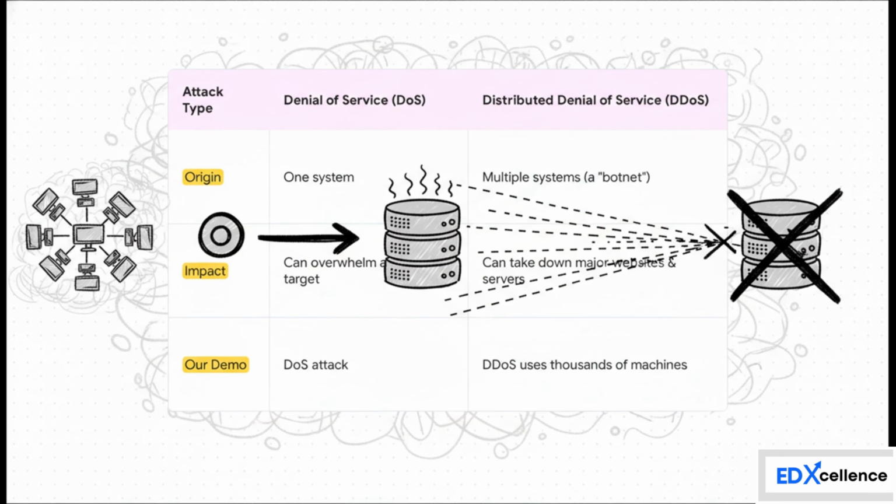But the big, scary attacks you hear about on the news, the ones that take down banks or gaming networks, those are distributed denial of service attacks, DDoS. Instead of one computer, imagine a hacker controlling an army of thousands or even millions of infected computers all over the world. That's called a botnet. And they all attack the same target at the exact same time. If our one computer created a traffic jam, a botnet creates an extinction-level event.